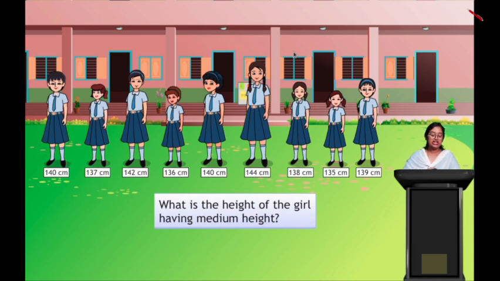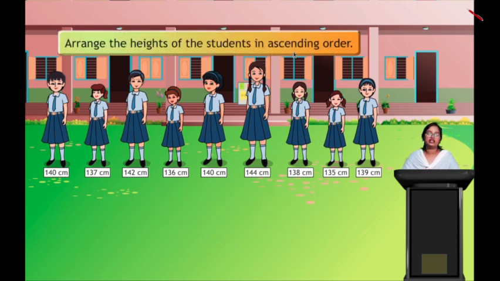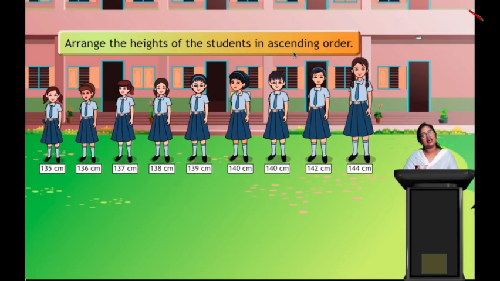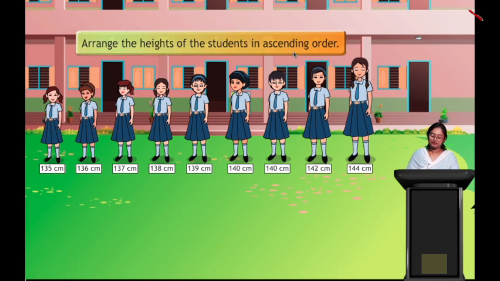As you can see here, students are not arranged according to their heights. So first we have to arrange the students by their height in ascending order or descending order. For this case, let us arrange the students in ascending order. Here you can see the students are arranged in ascending order.